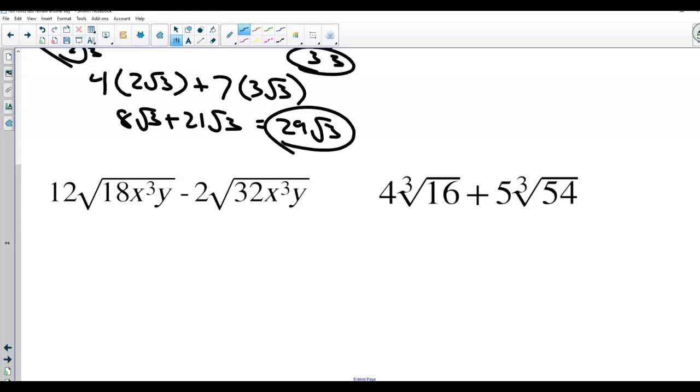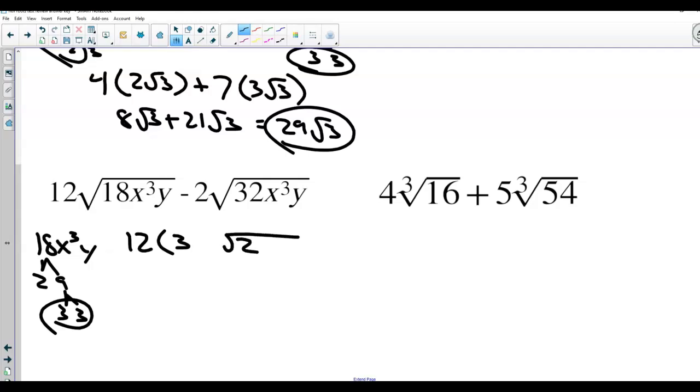Here, 18x cubed y. The 18 breaks down to 2 and 9, 3 and 3. So it's 3 times 3 on the outside, 2 on the inside. 3 divided by 2 is 1 remainder 1.